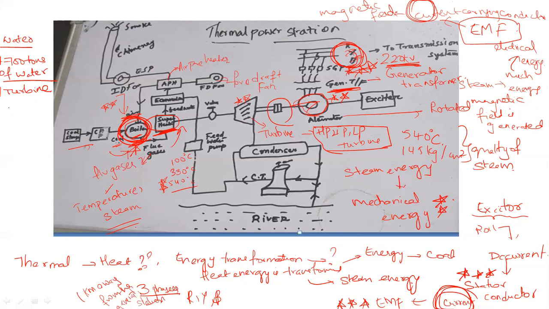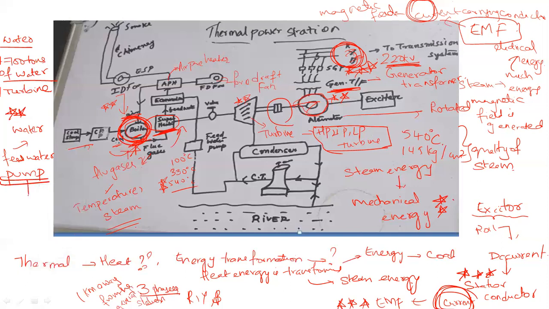So this requires a large amount of water. This water is fed from the feed water pump as shown in the figure. How does this feed water pump get the water? It gets the water from the condenser as shown in the figure.